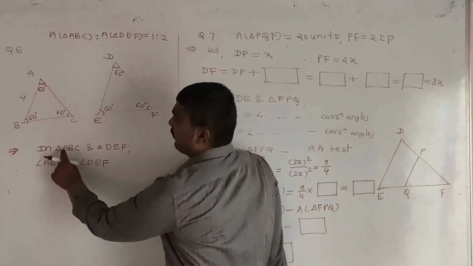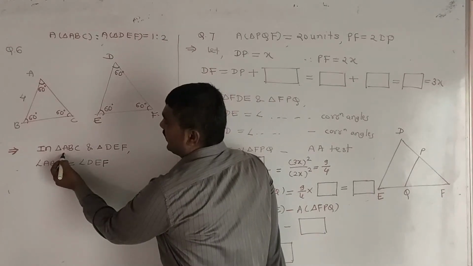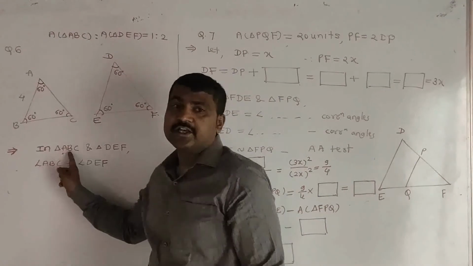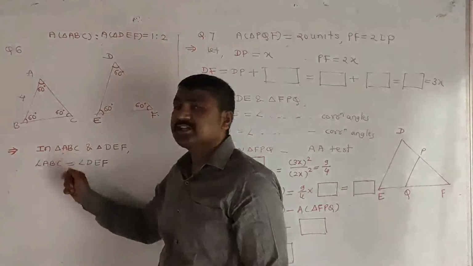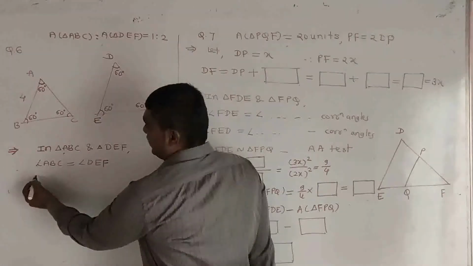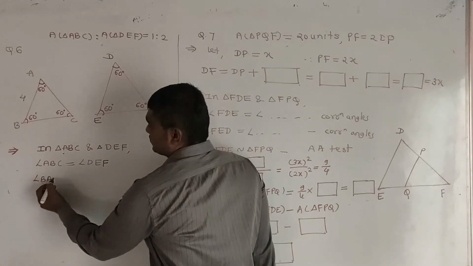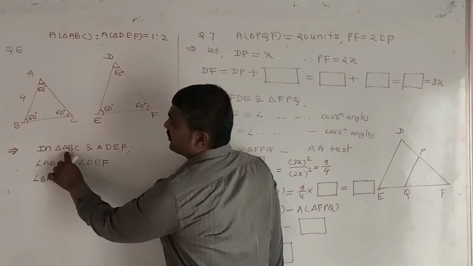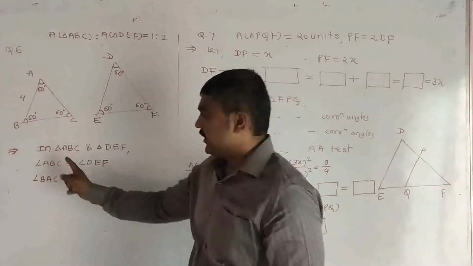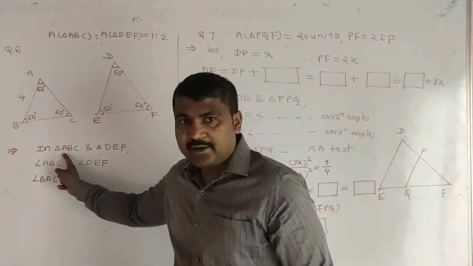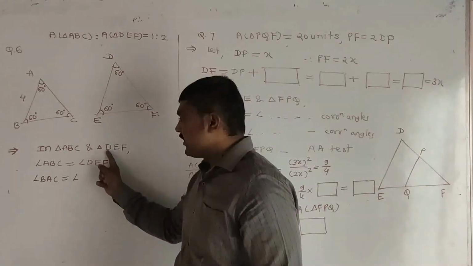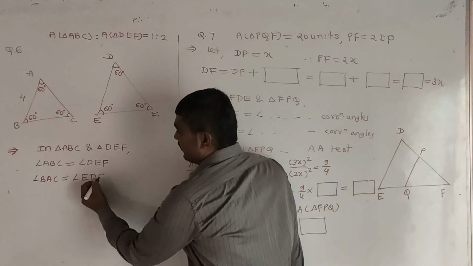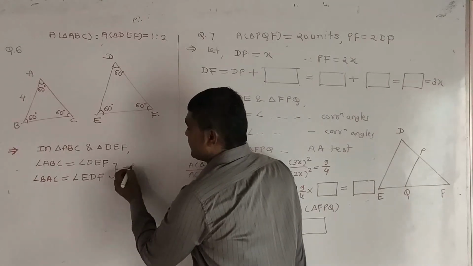Now when we are talking about A, we have to write this A in between. That means we have to interchange A and B. So we can write it as angle BAC, and here we can write it as angle EDF. I have interchanged A and B, and like that we have to interchange D and E. Both have the same result.